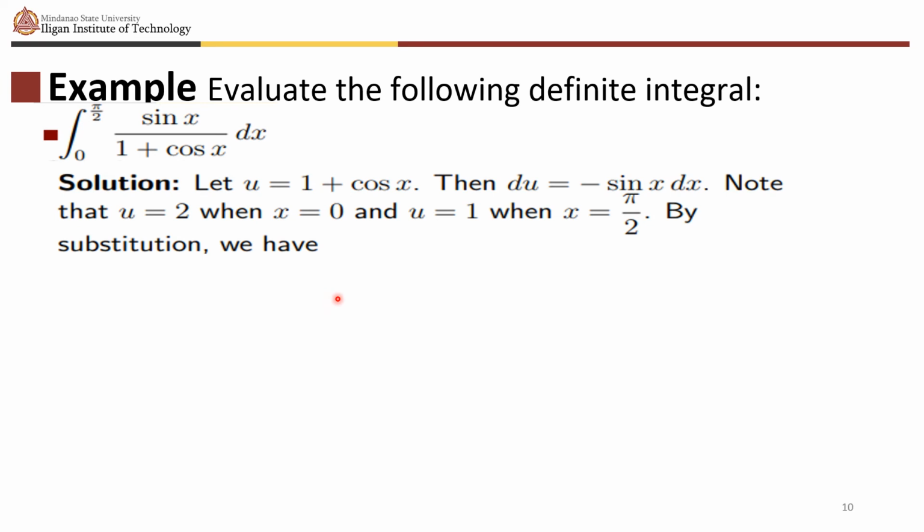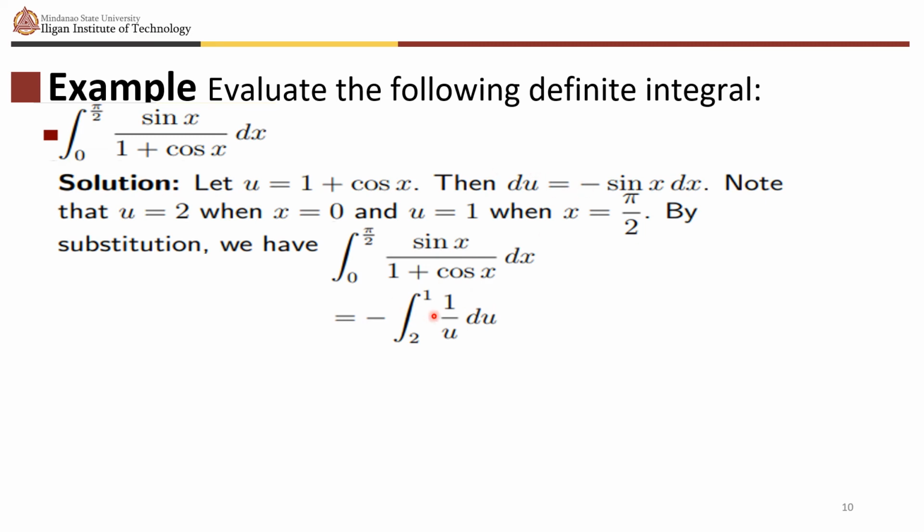So by substitution, we have the following. That is, the integral of sine x over 1 plus cosine x dx from 0 to pi over 2. You replace 1 plus cosine of x with u, and then sine x dx is actually du, but there's a negative. That's why you have negative du.